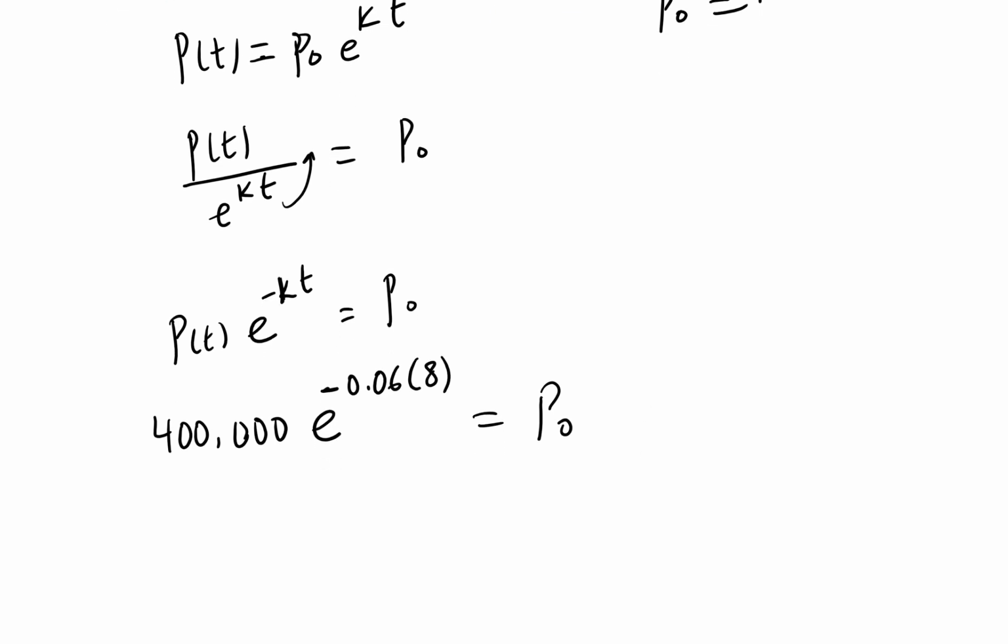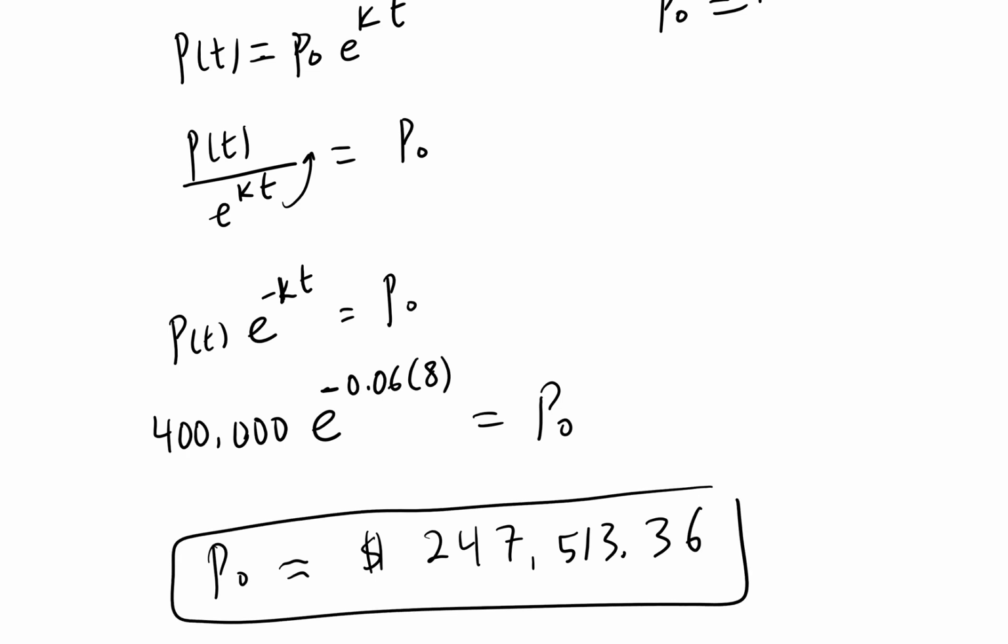That gives us P sub 0 about $247,513.36. So it started at $247,513.36, and after 8 years it became 400,000.